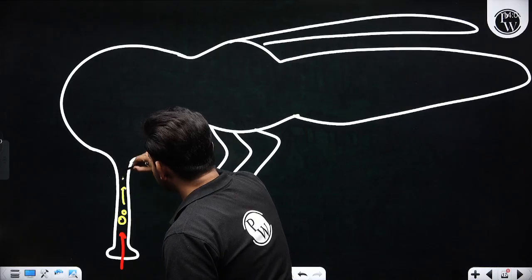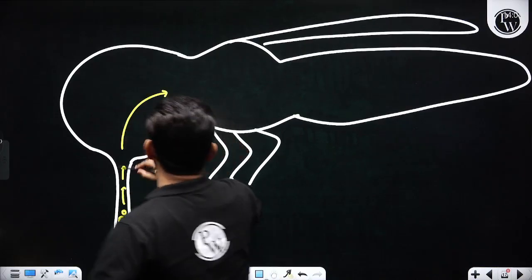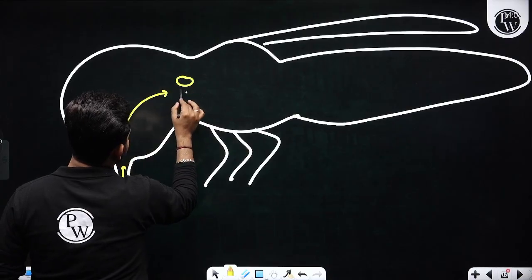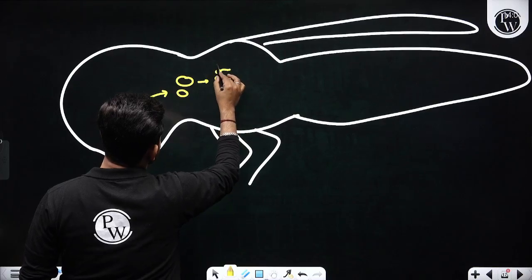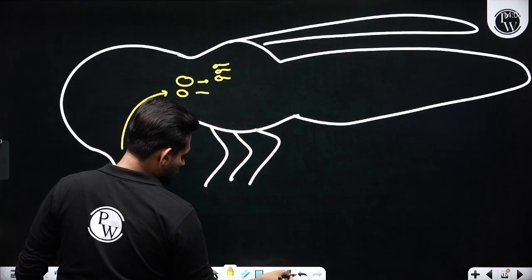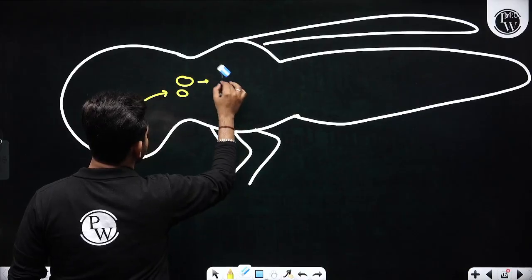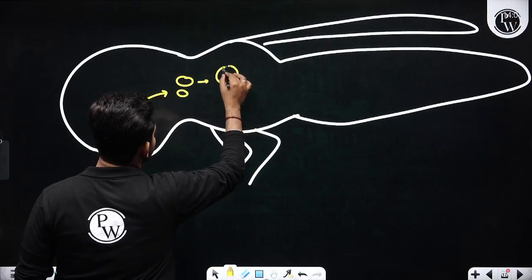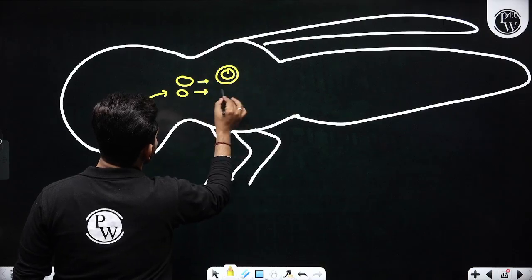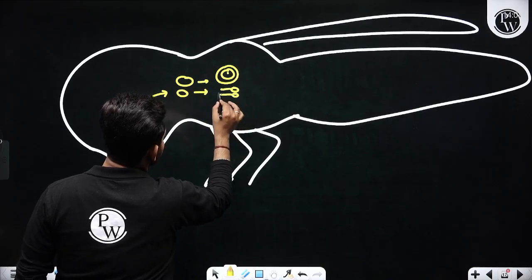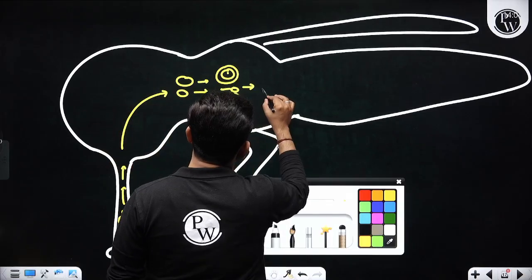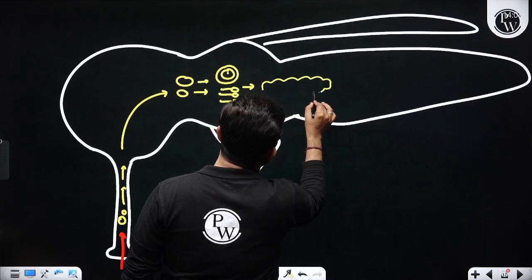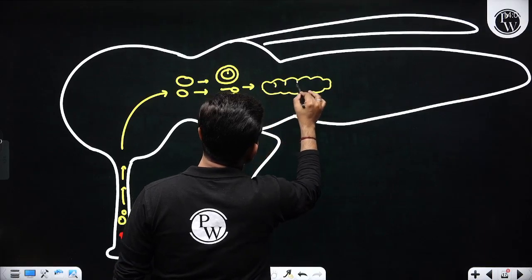Now these gametocytes, upon reaching the gut, will convert into sperms and ovum. The mega will be converted into ovum and the micro will be converted into the sperms, and they will form ookinetes which can move.